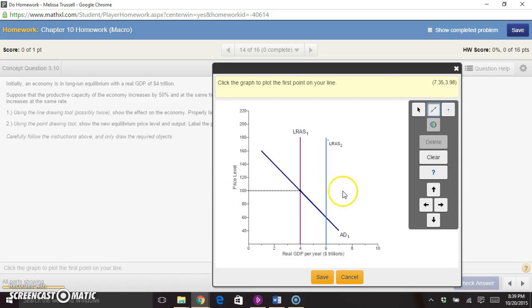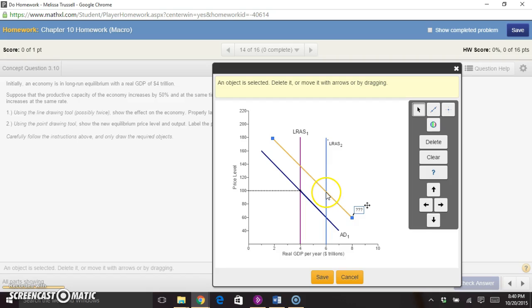I'm going to try to put this dot on here at the right place. And we want this curve to be something like this. Okay, so we want it to be parallel to the old one, and we want it still to cross the long-run aggregate supply right at that point, or the 100 point.